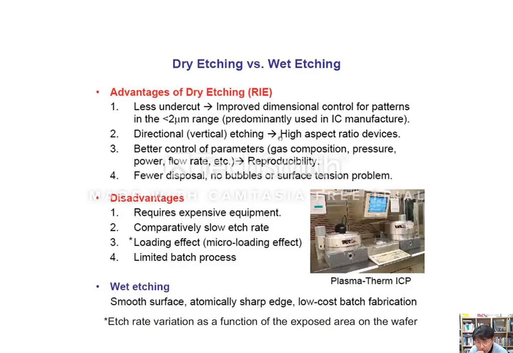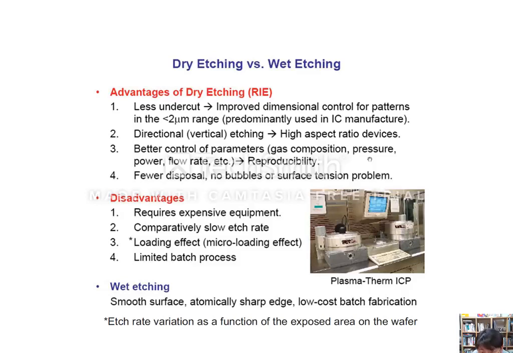Also, in dry etching, like this ICP chamber, you have all the ingredients in your hands: gas composition, chamber pressure, power, flow rate, everything is under control. What you need is to find the best combination of those parameters, and then keep using the same parameters to reproduce the same pattern characteristics. So you have better control of parameters.